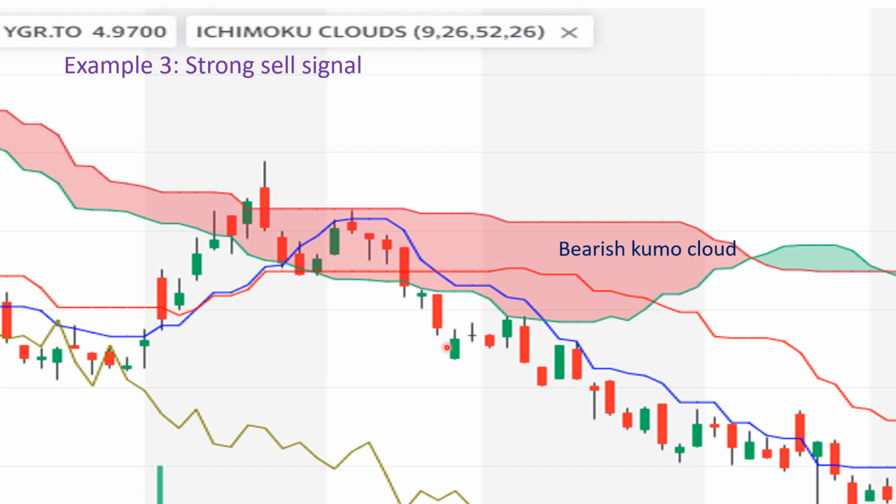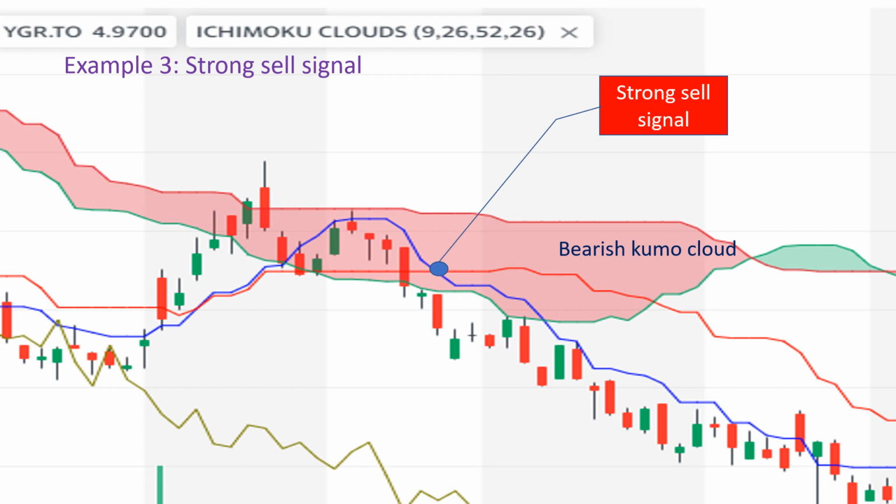So some traders exit here, and some traders wait until this candle goes downward after the pullback, and they exit the market here. But you have to wait for the candle to come out completely from the Kumo cloud. So now here we have a strong sell signal.